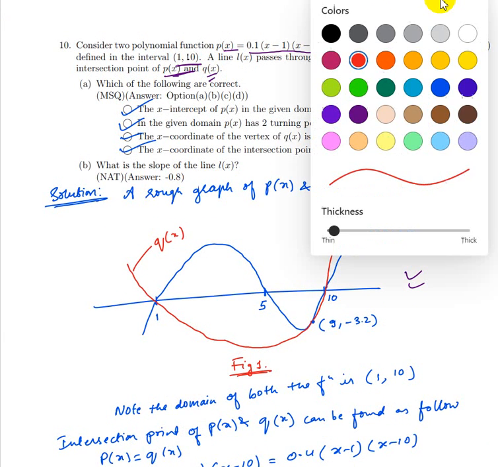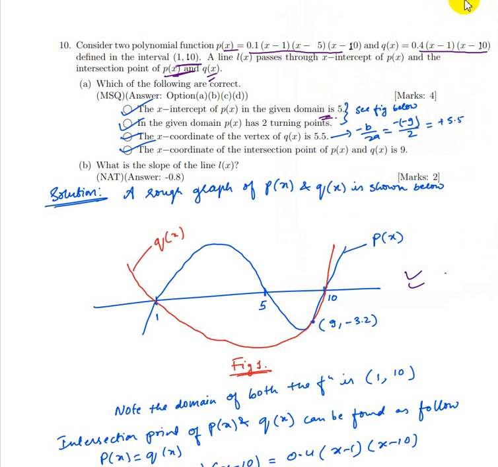P(x) has 3 factors, and the domain has been restricted, which has to be kept in mind. From 1 to 10, it has 1, 5 and 10 as its factors. And since this is a cubic polynomial, it will have 2 turning points. So the graph would be like this, as drawn in the figure.